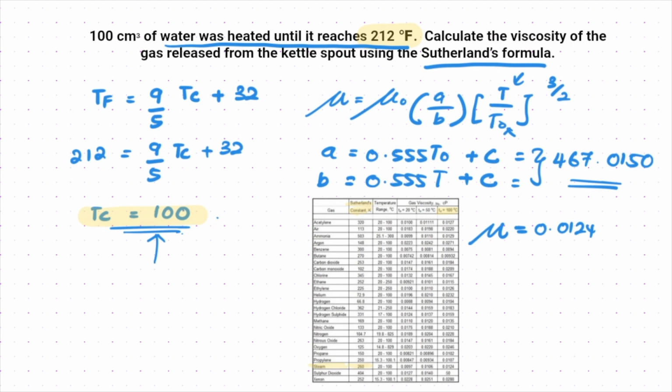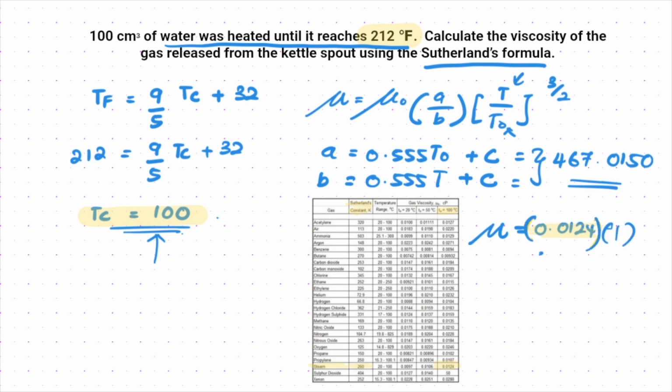So in case you're wondering where did I get this value, it's from the table as well. So you look at your T naught is 100 degrees Celsius and you look at steam. Therefore, your mu naught is equivalent to 0.0124, right? So next, you need to divide A over B. So since this is the same value, A over B is equivalent to 1.